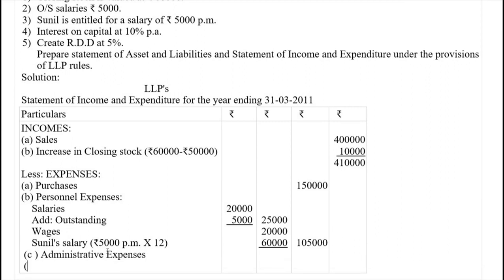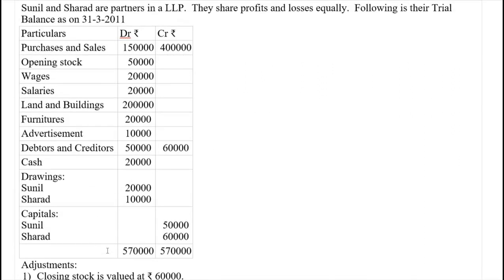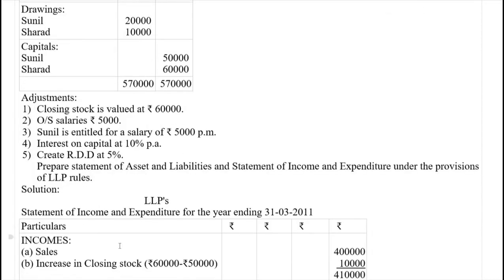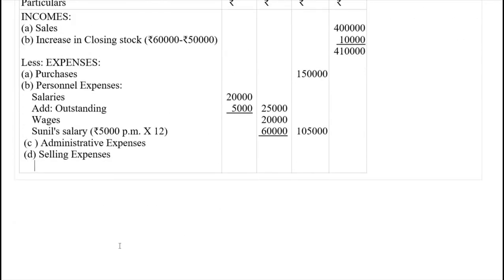Then the next one, D, selling expenses. Under this we have advertisement of rupees 10,000. I think there is only one, so directly let me take it to the outer column.